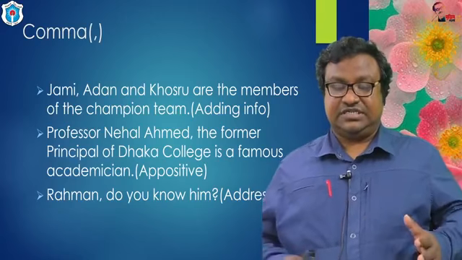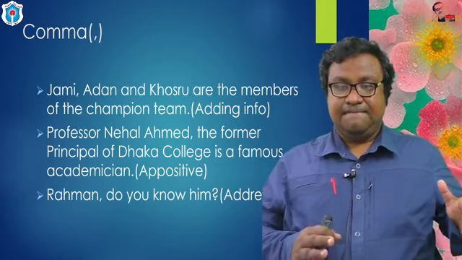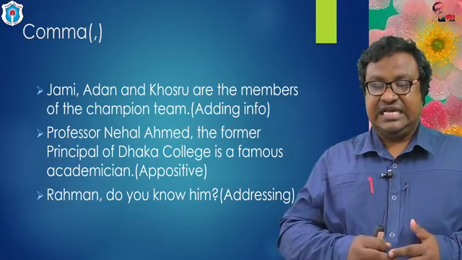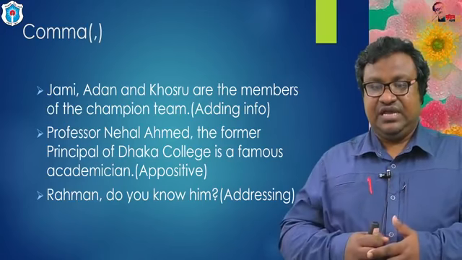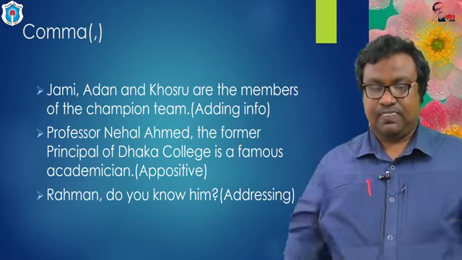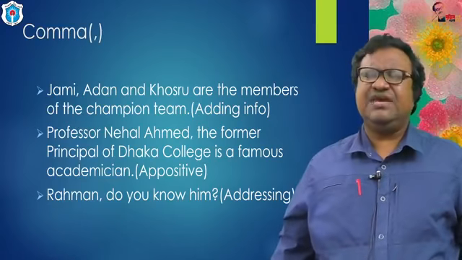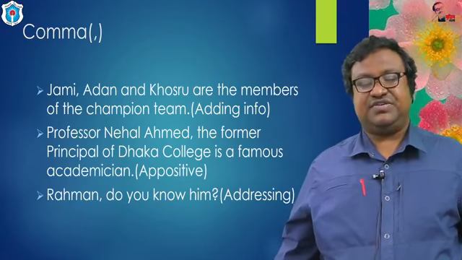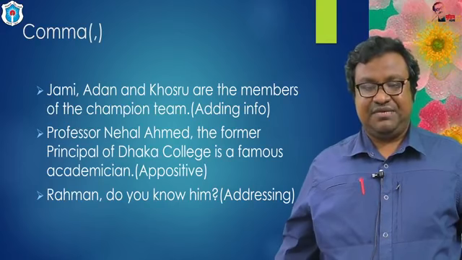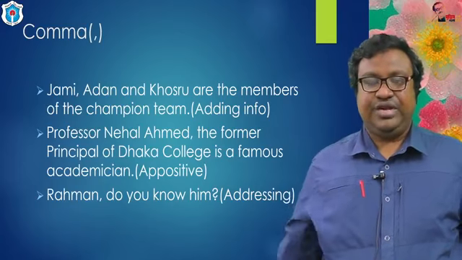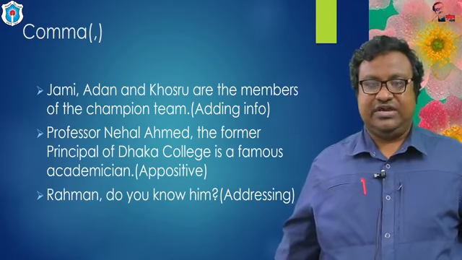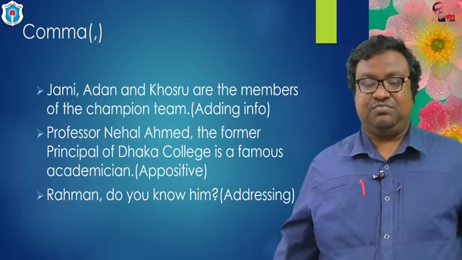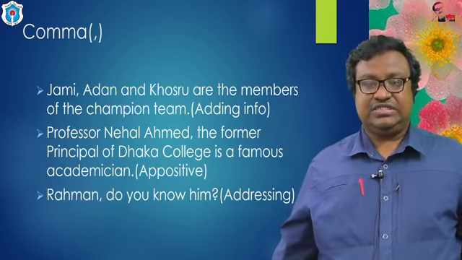Then comes the appositive. So between the main noun or noun phrase and the appositive, there will be a comma. If it were like: The former principal of Dhaka College, Professor Nihal Ahmed, is a famous academician, then we do not need to use any comma. But when we are using it in the appositive form, then we use the comma.